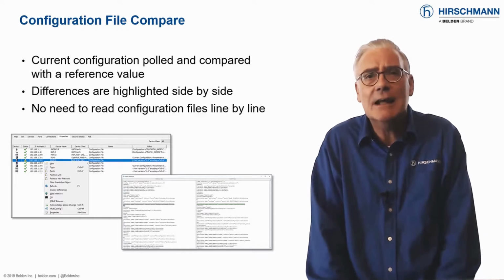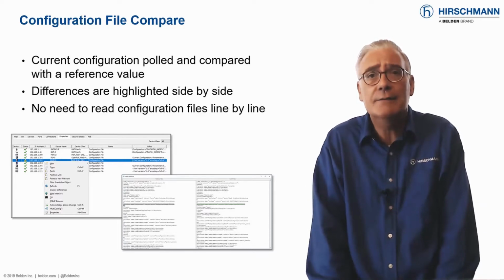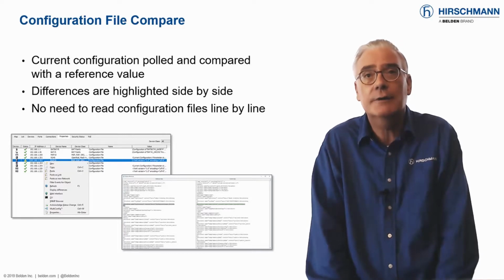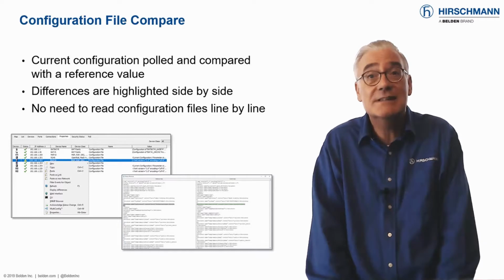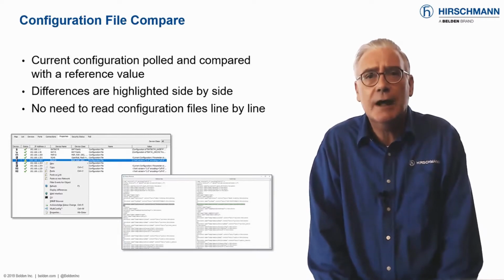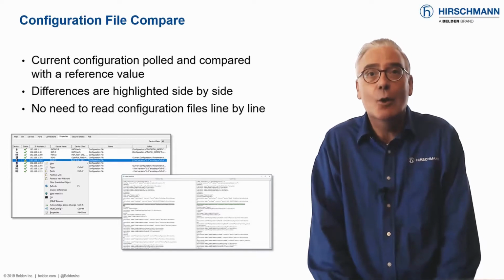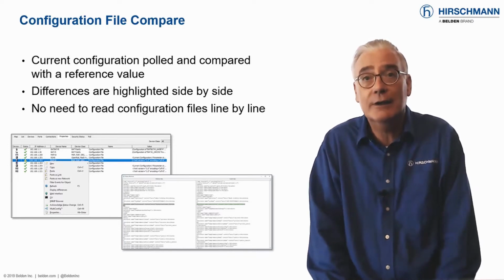This gives you a side-by-side comparison of a device's previous configuration and its current configuration. Changes are color-coded, making them simple to detect. Use this tool to save time and frustration when dealing with unauthorized changes to device configurations.